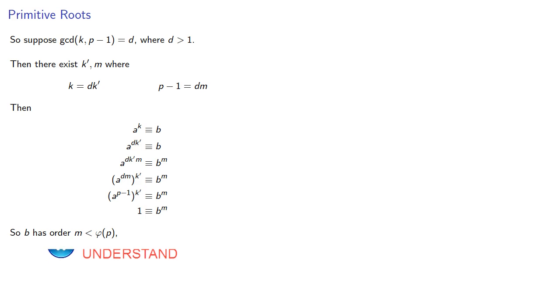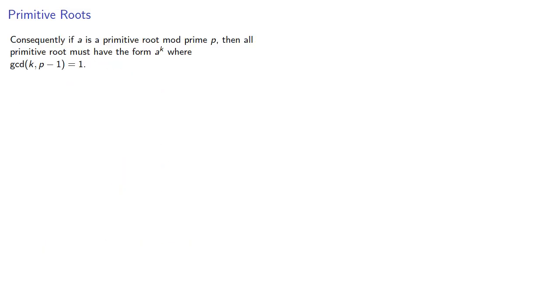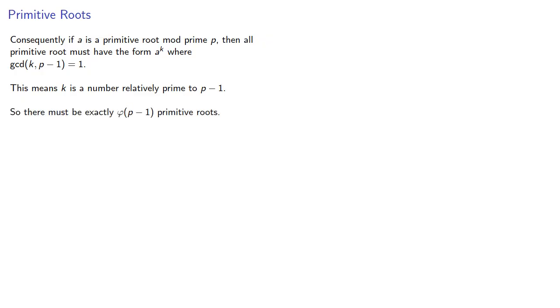But b was supposed to be a primitive root, so this is impossible. Consequently, if a is a primitive root mod p, then all primitive roots must have the form a to the power k, where the greatest common divisor of k and p minus 1 is 1. This means that k is a number relatively prime to p minus 1, so there must be exactly phi of p minus 1 primitive roots.